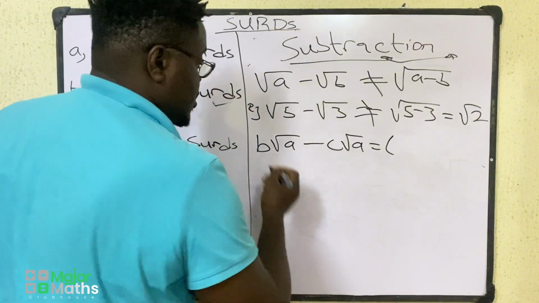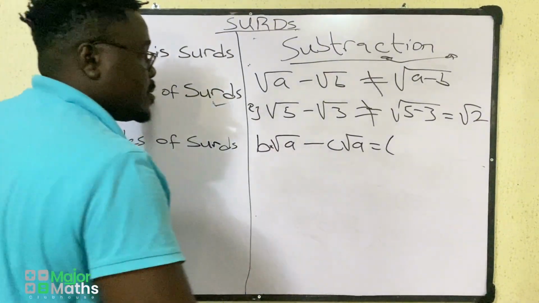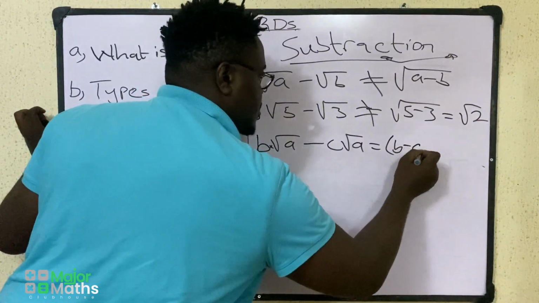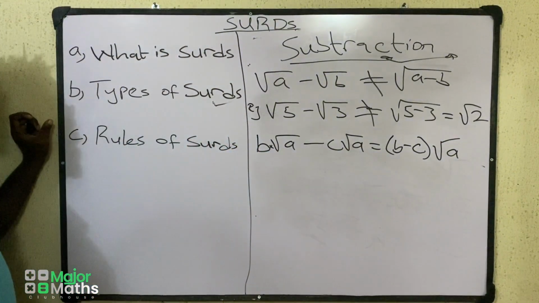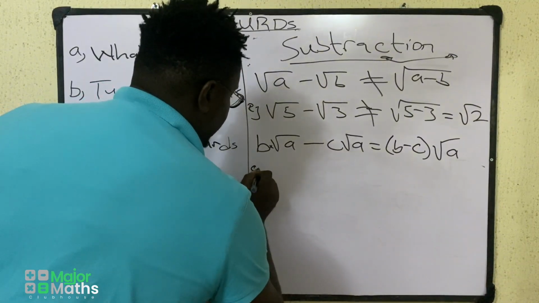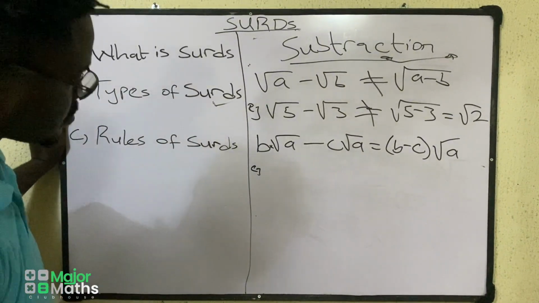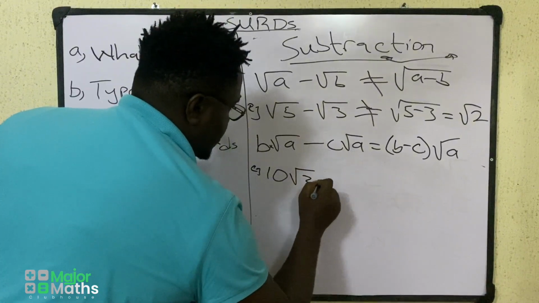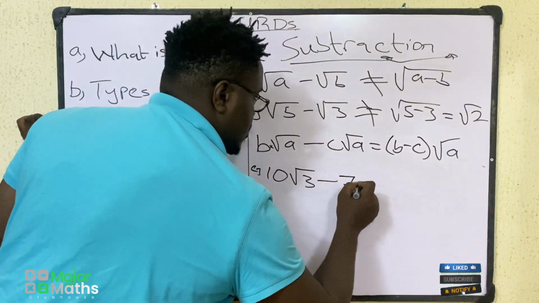Bracket means multiplication, since this literally means B times root A. So you say B minus C in bracket, root A. An example is 10 root 3 minus 7 root 3.